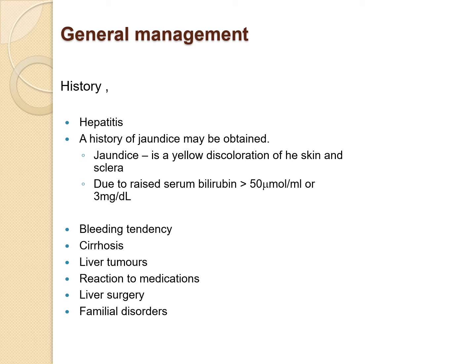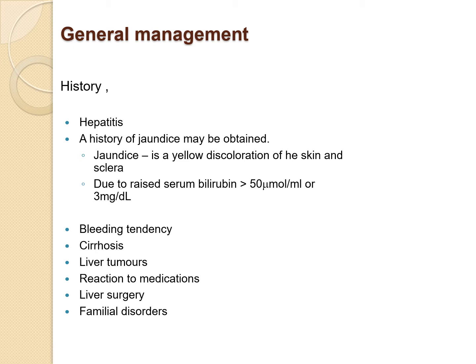Normally, how will you manage it if the patient comes to our dental clinic? What will you do for a hepatitis patient? First, you will take the history of the patient.